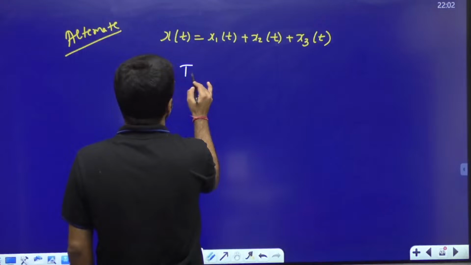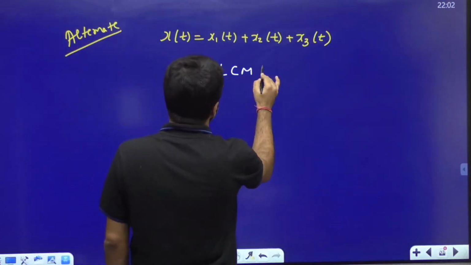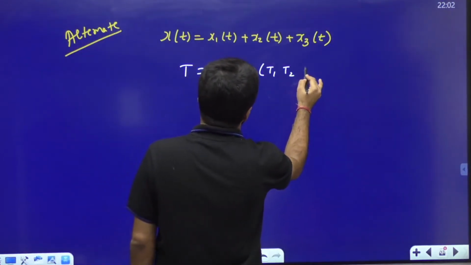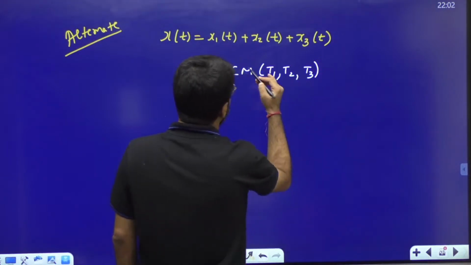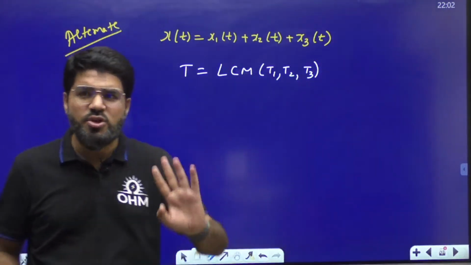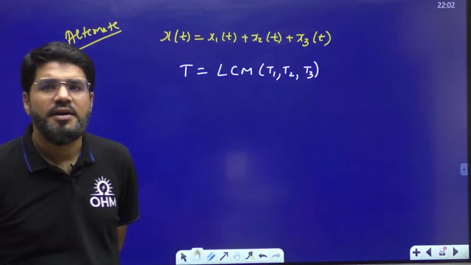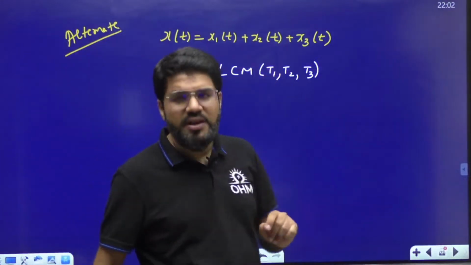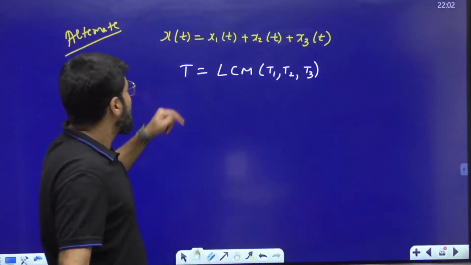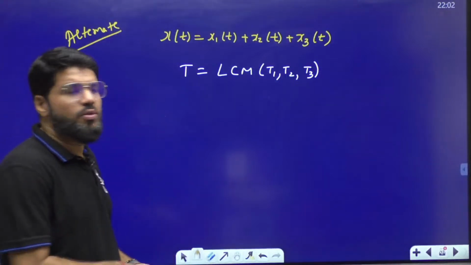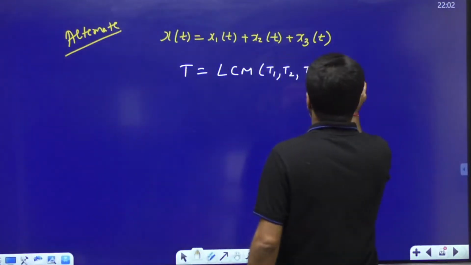What is the time period? It is the LCM of T1, T2, T3. It is periodic because the ratio test is satisfied. So the time period is the LCM of T1, T2, T3.